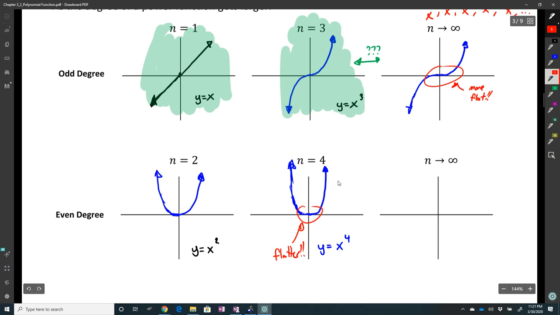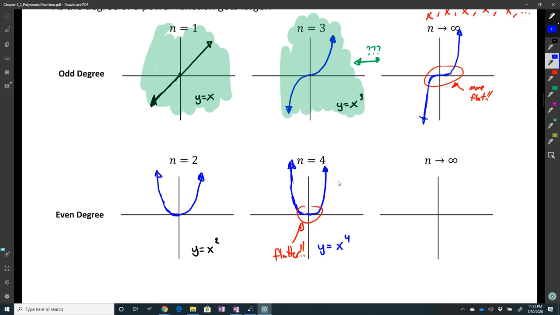And I guess I should change this one, I didn't show the fact that it increased faster. So the trade-off between it having a flatter bottom is that it blows up a whole lot quicker. Right?